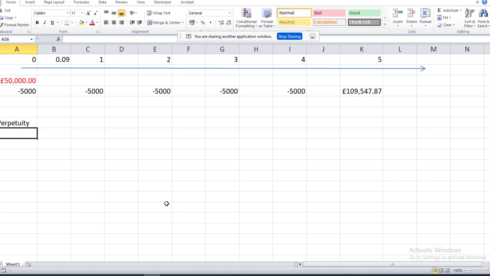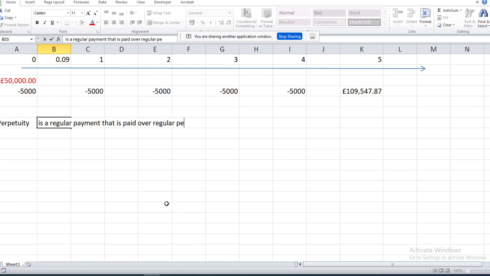Perpetuity is a regular payment that is paid over regular periods of time. So far it looks a lot like annuity, but the difference here is forever. So it's just like an annuity that never ends.